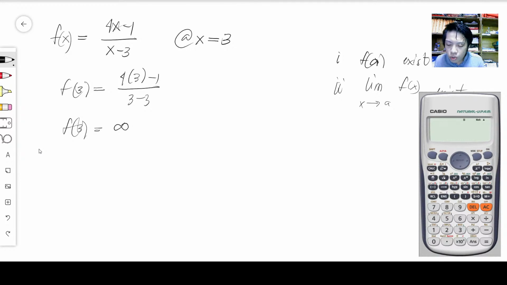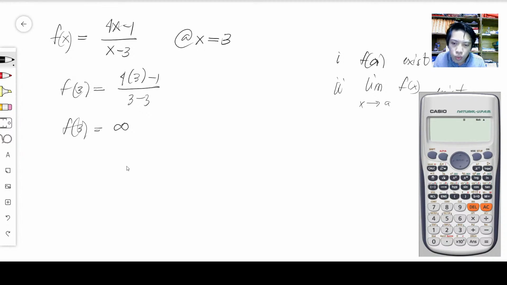Okay, if you are given a fraction, its limit will only exist if you can cancel out a common factor from the denominator.